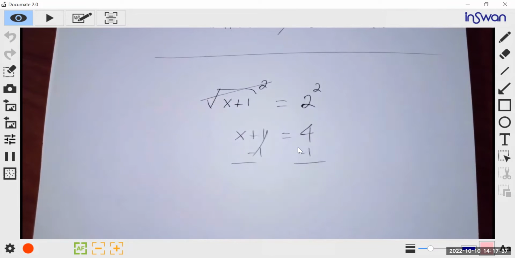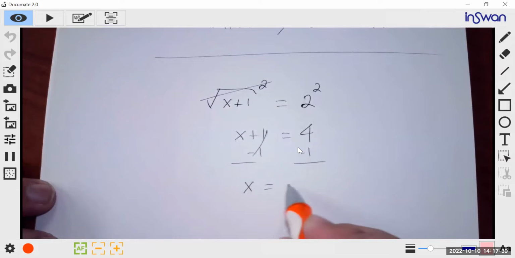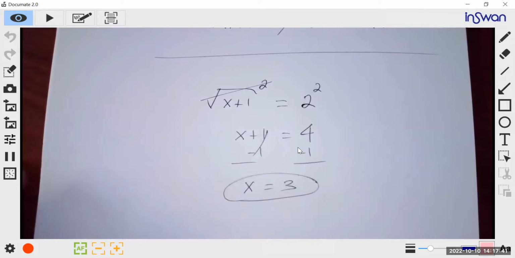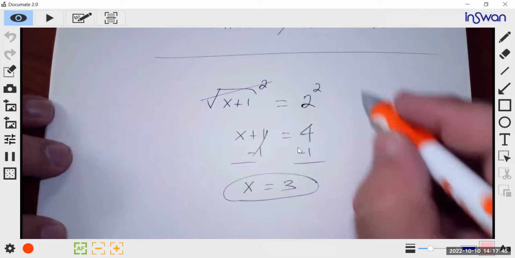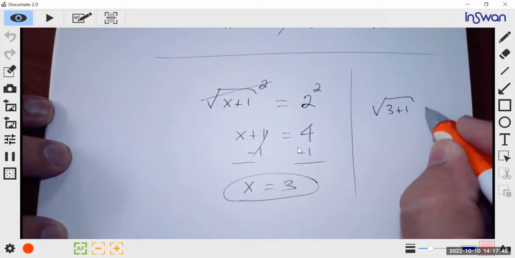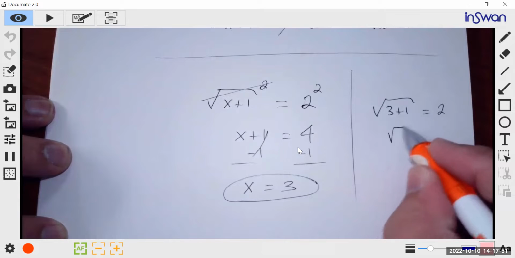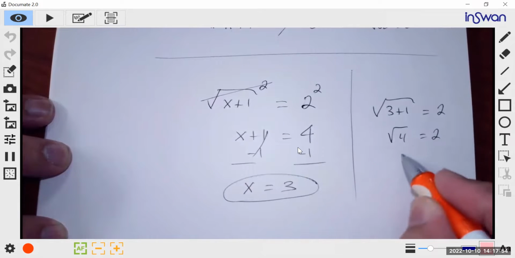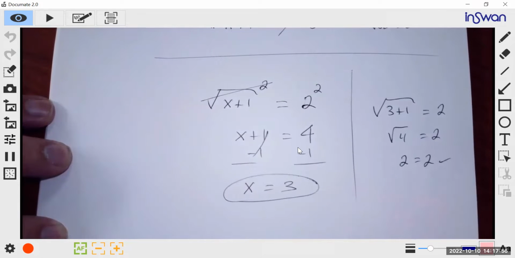And subtract 1, x equals 3. Then when you check it, 3 plus square root of 3 plus 1 equals 2. Square root of 4 is 2. 2 equals 2. Check.